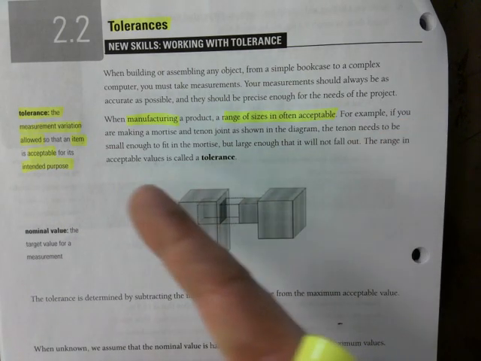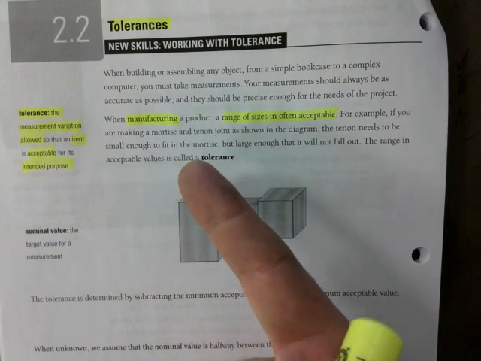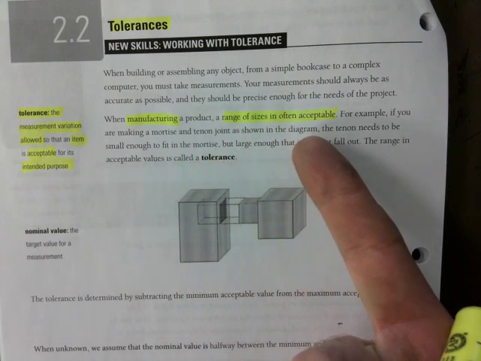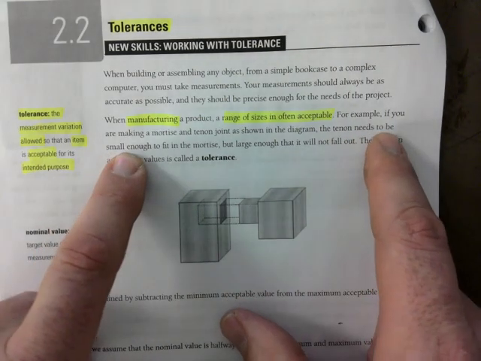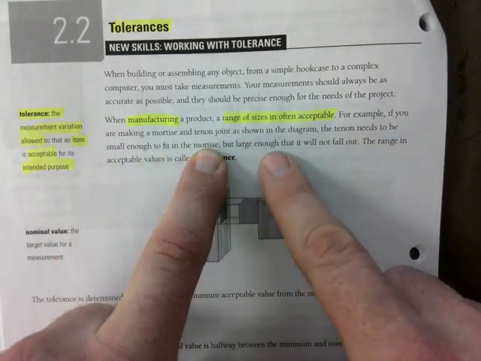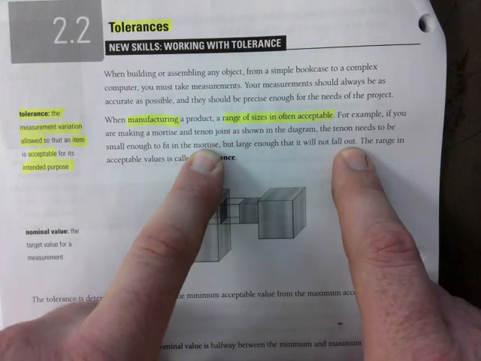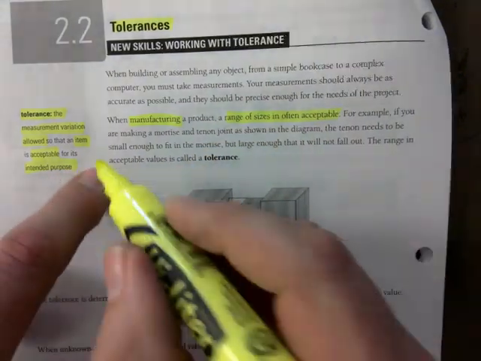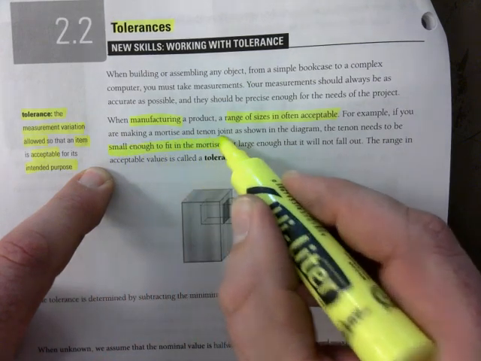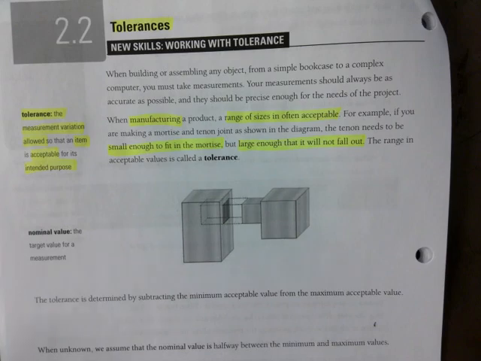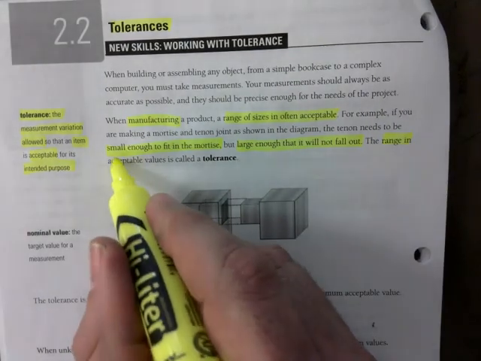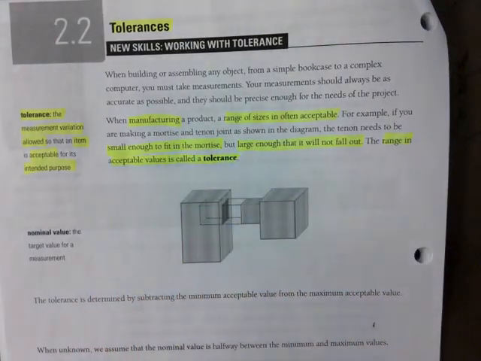Okay, for example, if you're making a mortise and a tenon joint, as shown in the diagram below, the tenon needs to be small enough to fit the mortise, but large enough that it will not fall out. Okay, small enough to fit, but large enough that it won't fall out. The range of acceptable values is called tolerance. So there's quite a few ways of thinking about that.